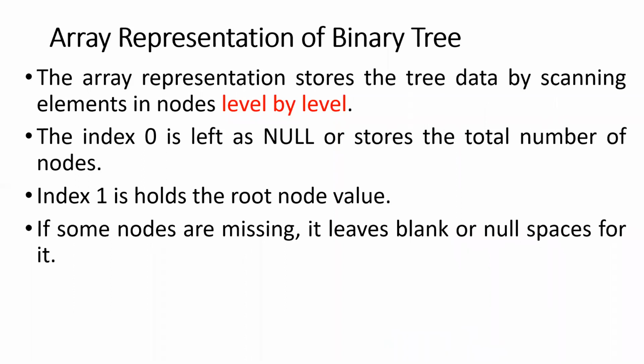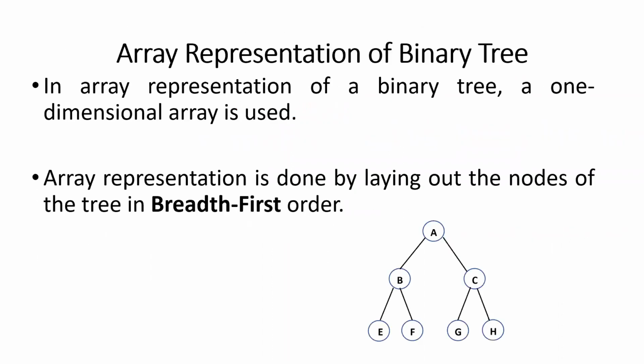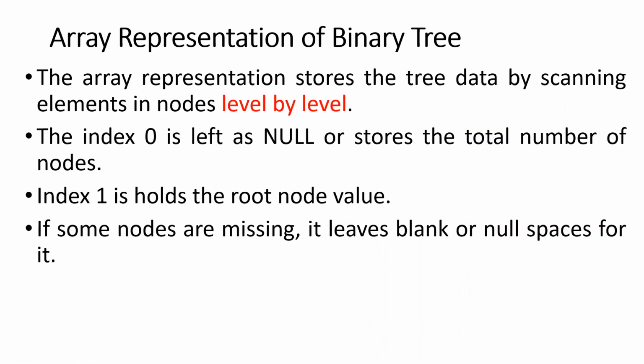Now in index 1, we will store the root node value. Here the root node value is A. It will be stored in index number 1 of the array representation.